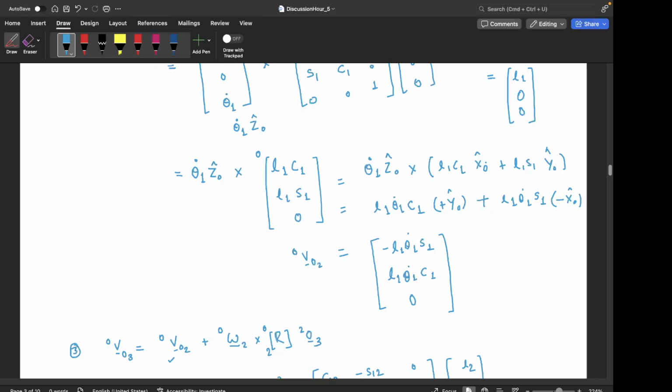Then z cross x is y, right? So y is the unit vector that comes, and when I write it again in column vector form, this term comes in the second index because it corresponds to the y component. And the second term here, we do z cross y, so that gives us minus x, and that with sign comes here in the first index corresponding to the x0.